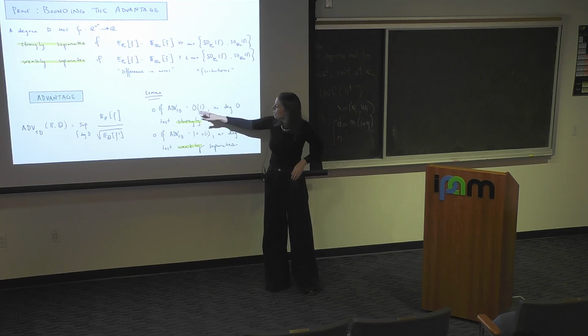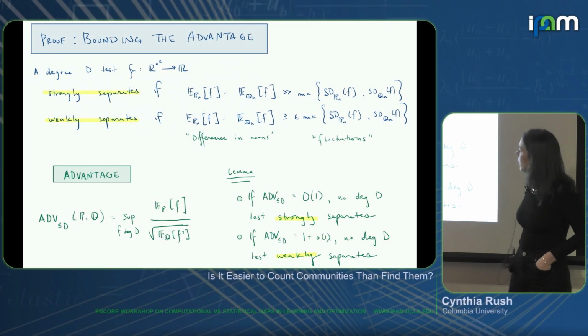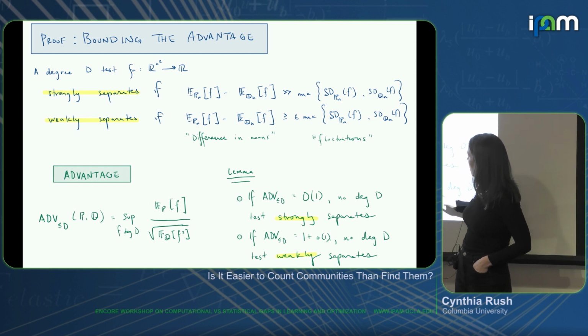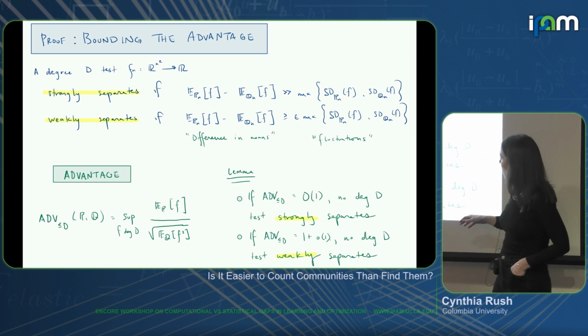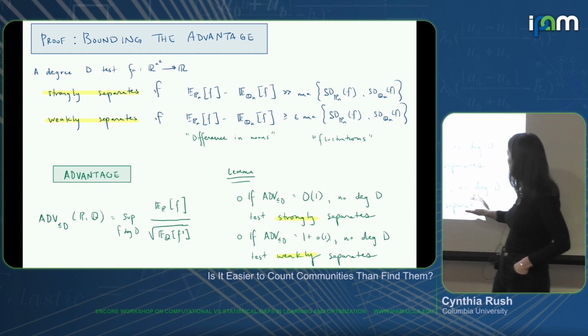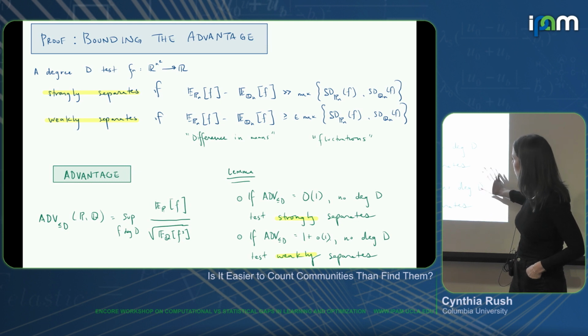If this advantage is big O of 1, so of constant order, no degree D test is going to strongly separate. But if it's 1 plus little o of 1, then no degree D test weakly separates.